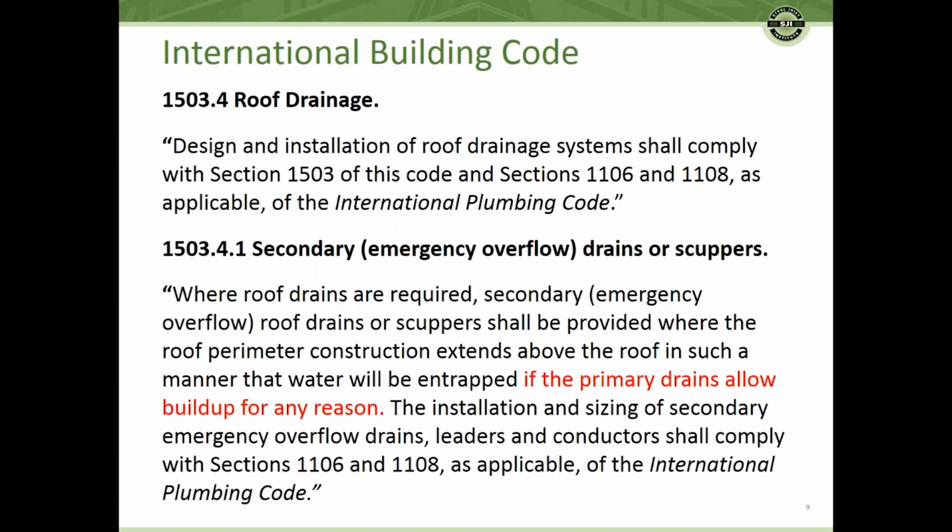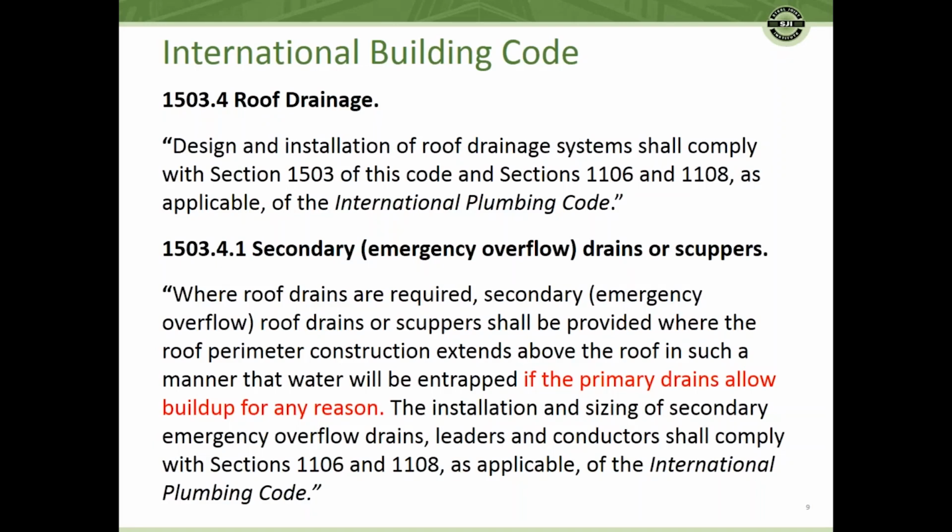1503.4.1 says basically that you need to have emergency overflow or secondary drains. It is a requirement, and it's where roof drains are required. It says secondary roof drains or scuppers shall be provided when the roof perimeter construction extends above the roof that will cause water to be entrapped.